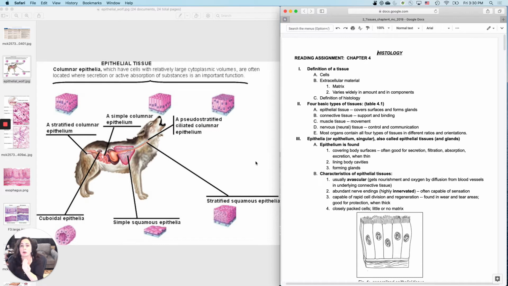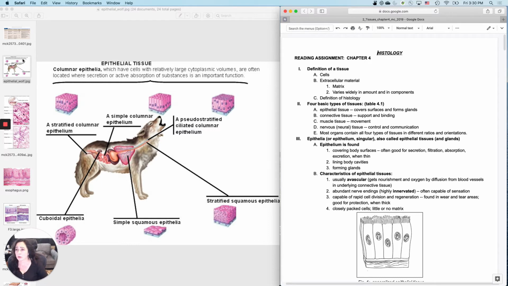And then you'd run into some more tissues on the way out. But in order to control and communicate with the heart, you would wire it up with nervous tissue. So most organs that you're going to run into, not all, but most organs usually have at least one of the 4 types of tissues, and we'll reinforce that at the end of this set of notes.